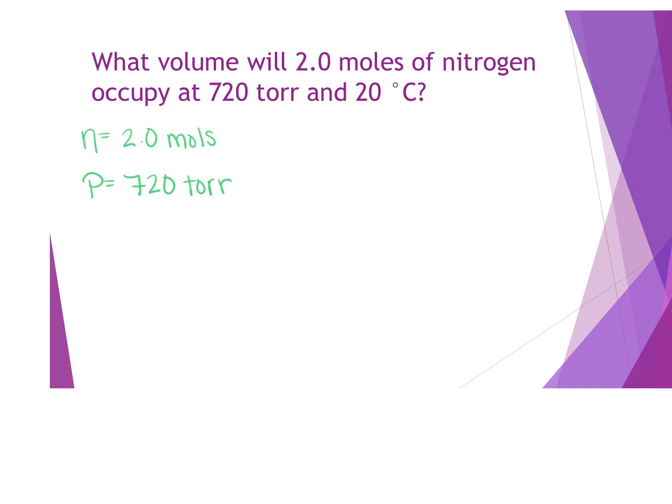Okay, 20 degrees Celsius. And what letter does that one get? T. Okay. Can we ever be in degrees Celsius? Okay, so what are you immediately going to do to that? We're going to add 273. So how many Kelvin is that?